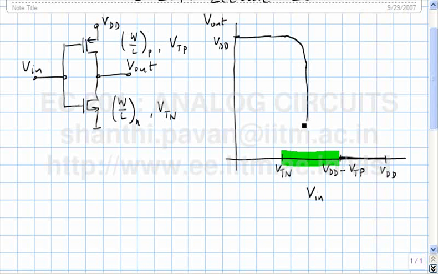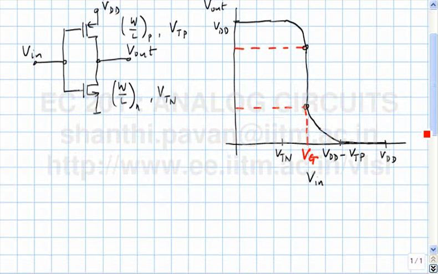Beyond this high gain region, the NMOS transistor remains in triode and the PMOS transistor gets into saturation. Under what conditions will the slope here be infinity? Rp and Rn become infinity, which is equivalent to saying the lambdas of the two devices are 0.